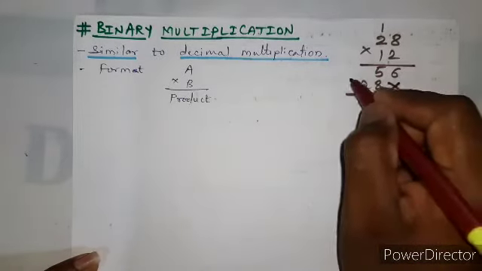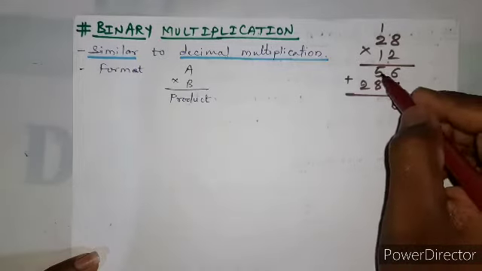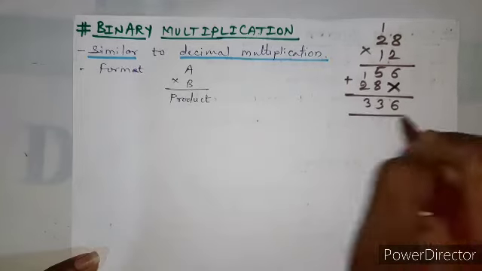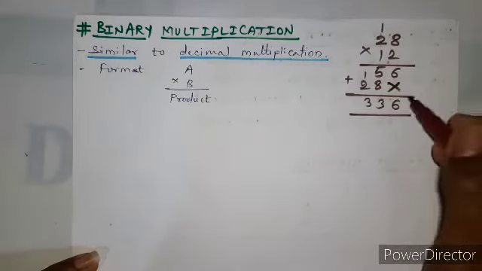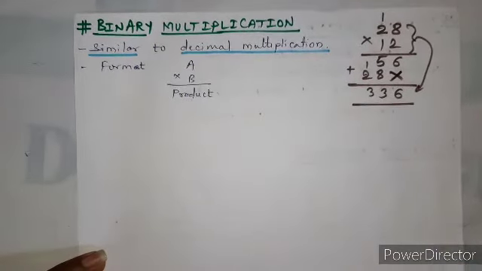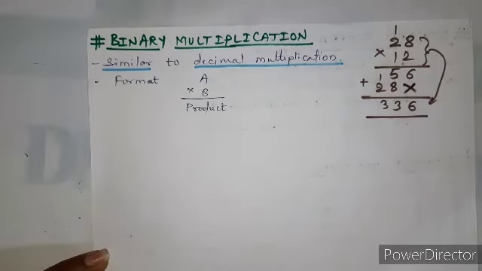Then we add this. So this is 6, this is 13, carry 1, and then it is 3. So the product of 28 and 12 is 336, right? So it is quite similar to decimal multiplication.